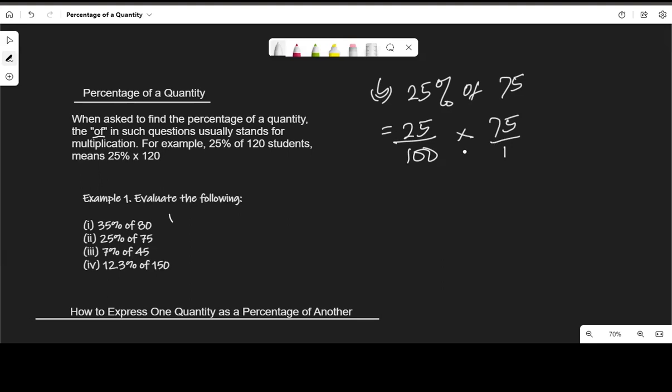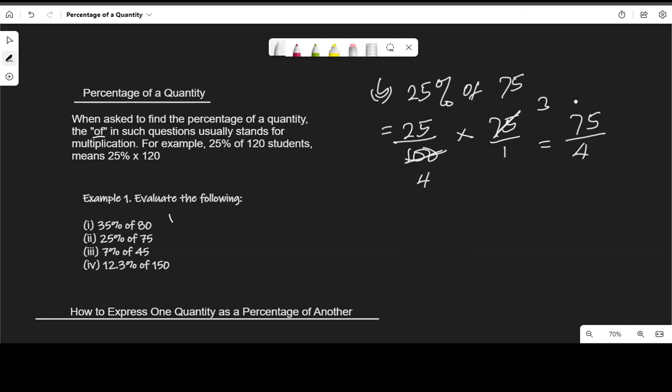And reducing this, 75 and 25, 75 goes here 3 times, and 25 goes here 3 times, right? And 25 goes here 4 times. So that will be 25 times 3 over 4. And 25 times 3 is 75. Then over 4.